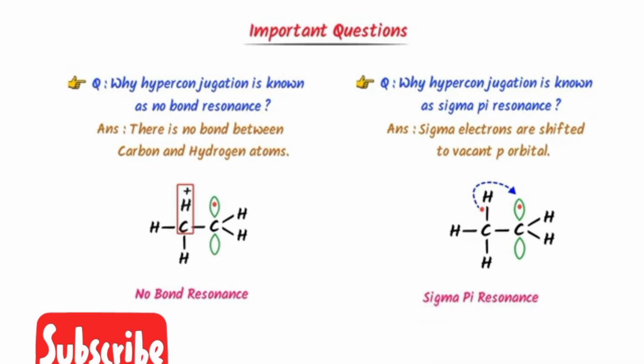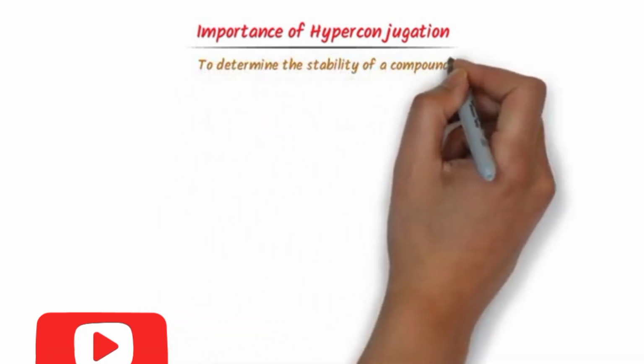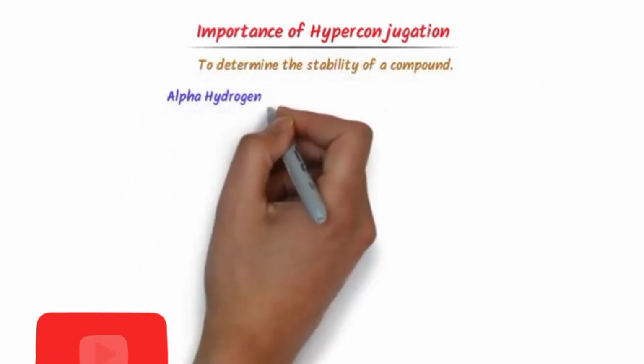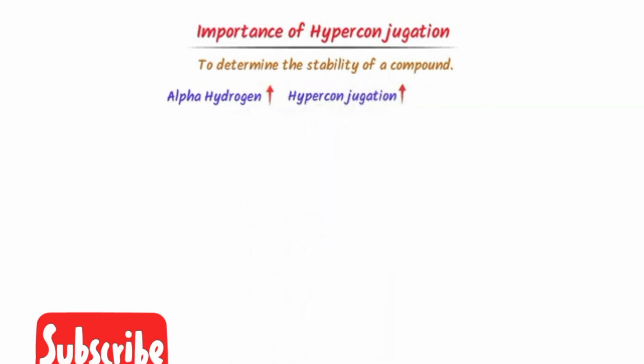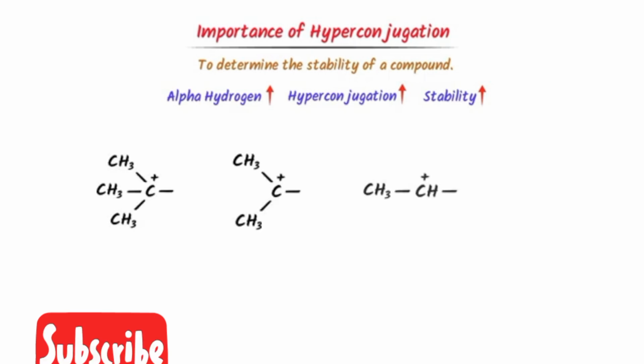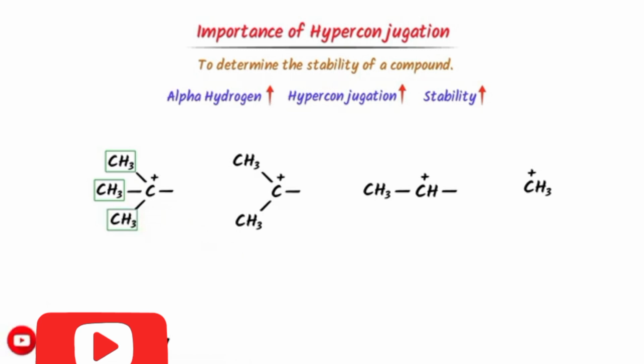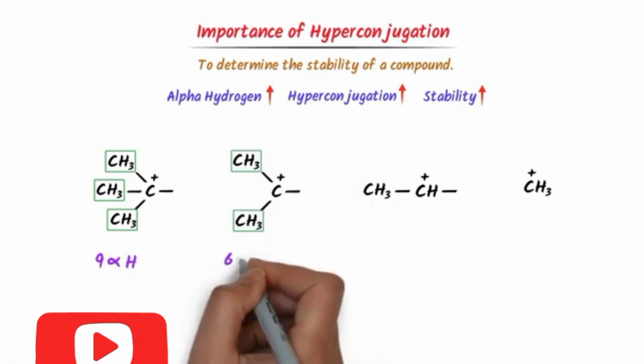Now, let me teach the importance of hyperconjugation. Hyperconjugation helps us to determine the stability of a compound. I mean, the more alpha hydrogens, the more hyperconjugation, and the more stability. For example, which carbocation is more stable? We can see that this is an alpha carbon, this is an alpha carbon, and this is also an alpha carbon. Each alpha carbon has 3 alpha hydrogens, hence there are 9 alpha hydrogens. Here there are 6 alpha hydrogens, and in this carbocation there are 3 alpha hydrogens.